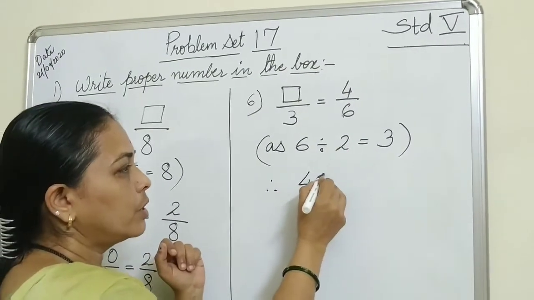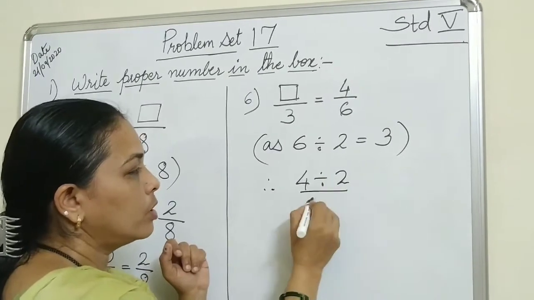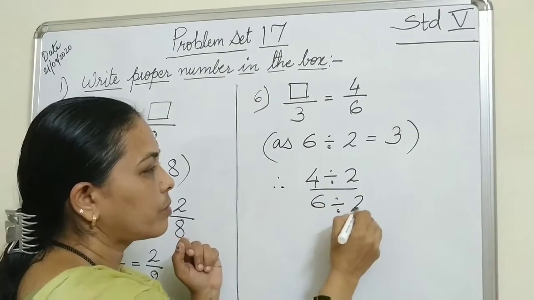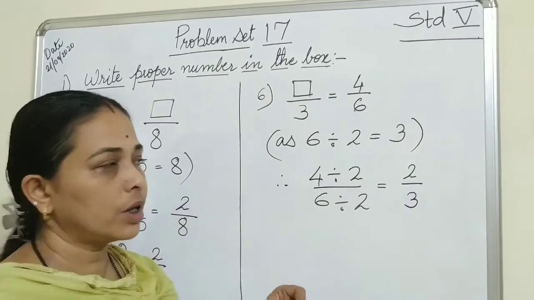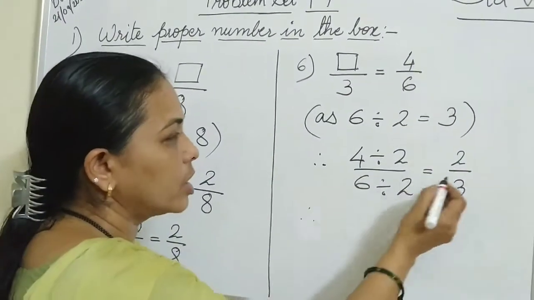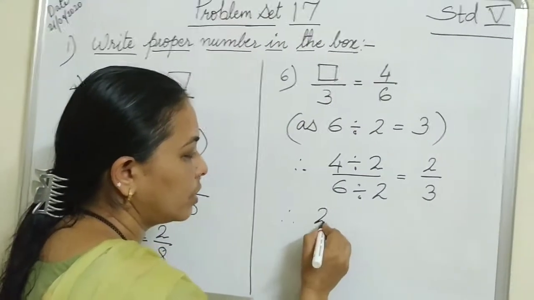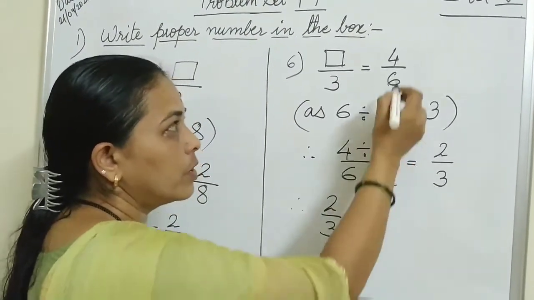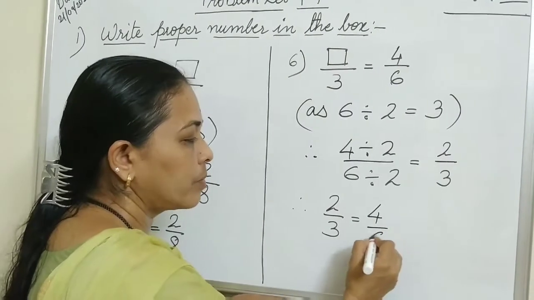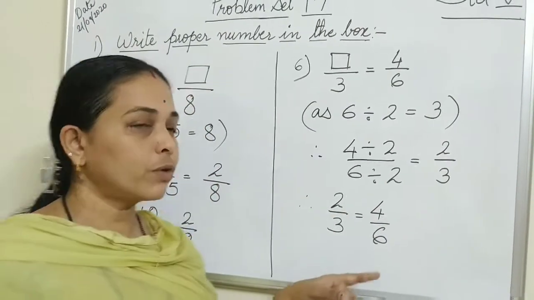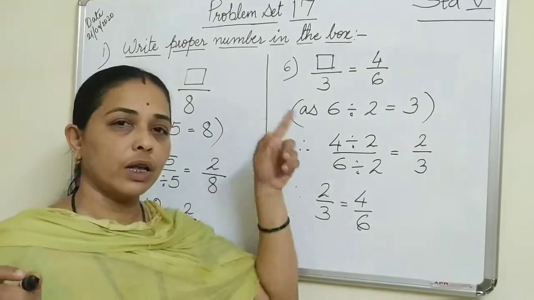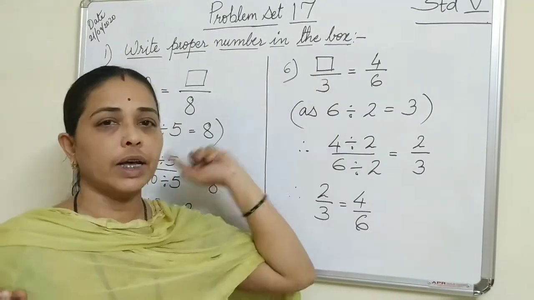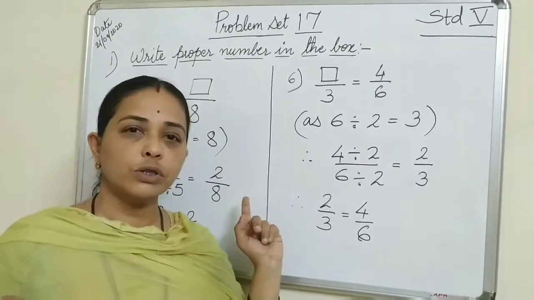So 4 divided by 2 upon 6 divided by 2, you will get 2 upon 3. So therefore our answer is, see here, 2 upon 3 is equal to 4 upon 6. You have to try the other sums also. All sums you have to try in this same pattern. Don't write the box answer directly. The solution should be there.